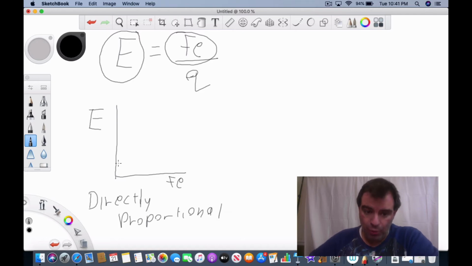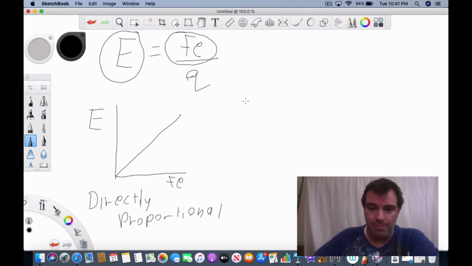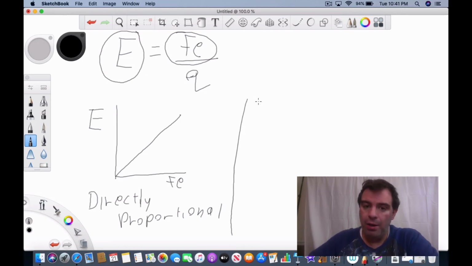And everybody remembers what direct proportionality is. If you're graphing it, it is going to be a straight line going up at regular intervals. And it makes perfect sense. The greater the electric field strength, the greater the force that a charge is going to experience. It's common sense. On the other hand, we can also explore the relationship between electric field strength and the Coulombic charge.